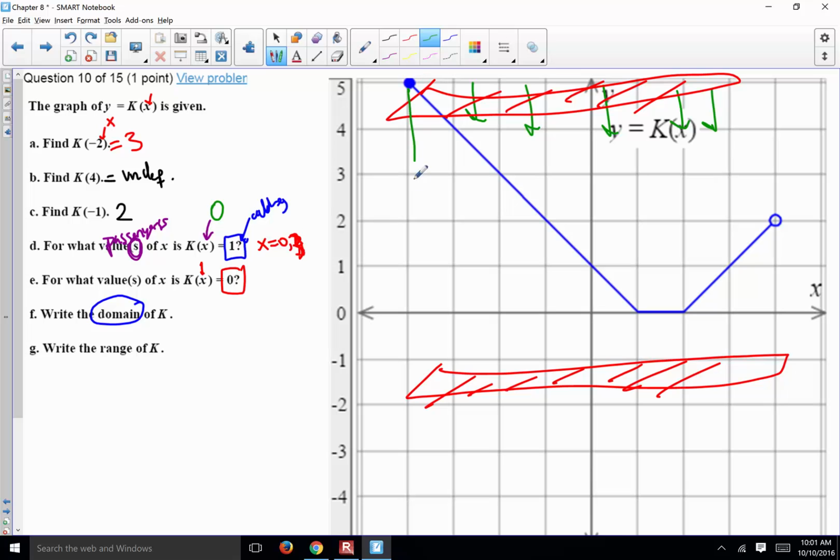This point is gonna fall to here. This one is gonna fall here, but everything in between is gonna fill up this space. What is the cutoff? Is there a point filled in here that's gonna fall to the ground? No. This value is gonna be skipped.